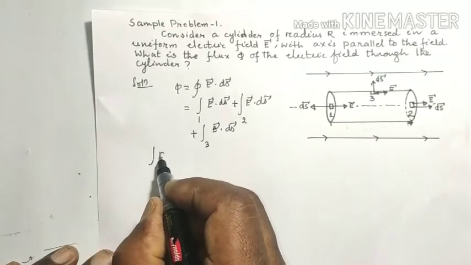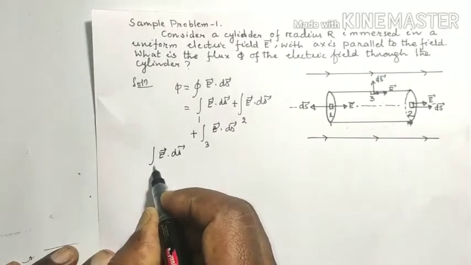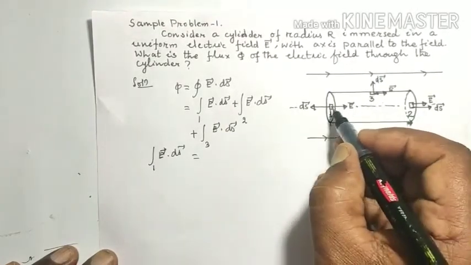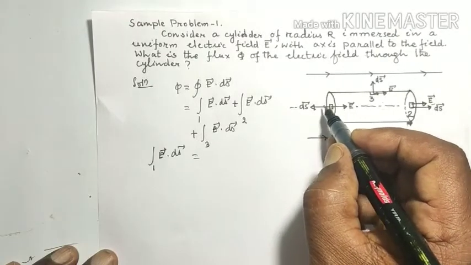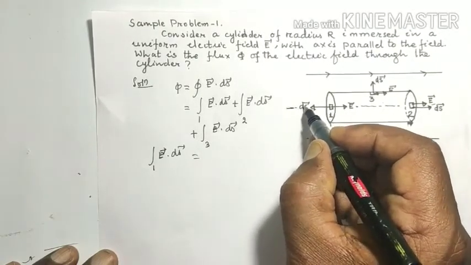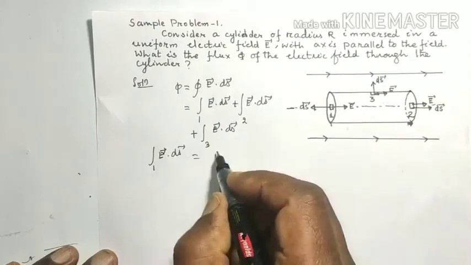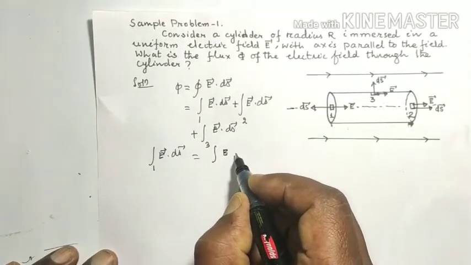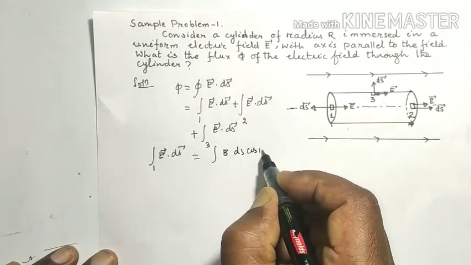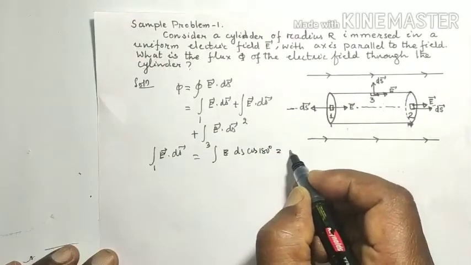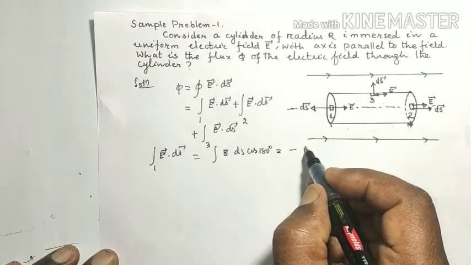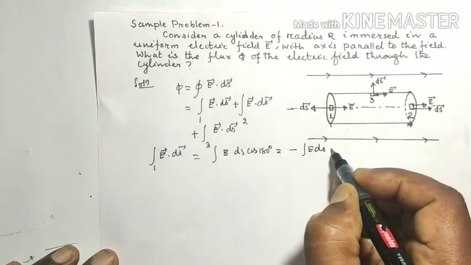So integral of E dot ds over left cap on the surface. Here angle between E and ds vector is 180 degree. So integral of E ds cos 180 degree, that is equal to minus integral of E ds.